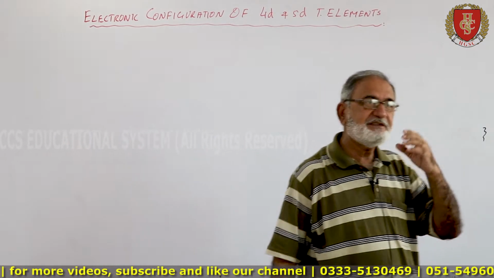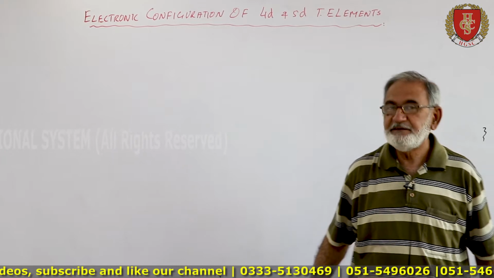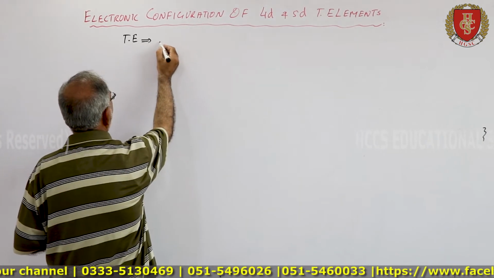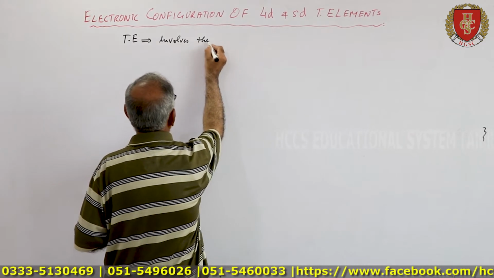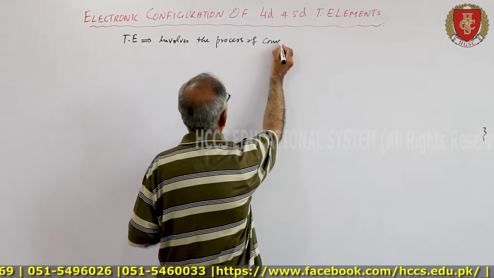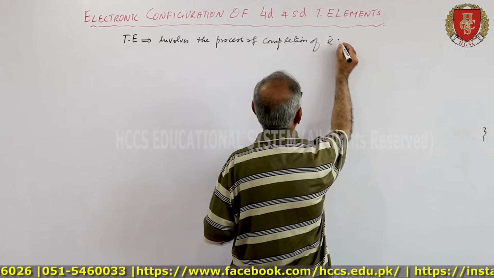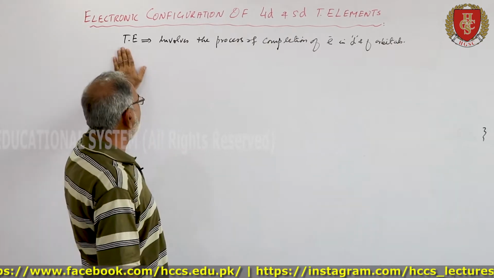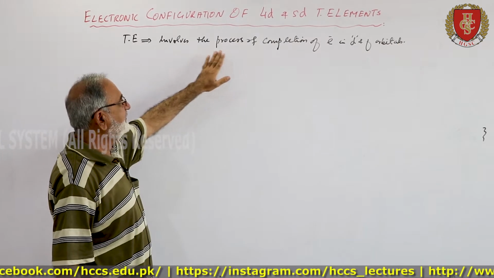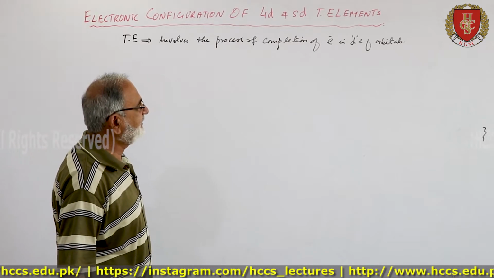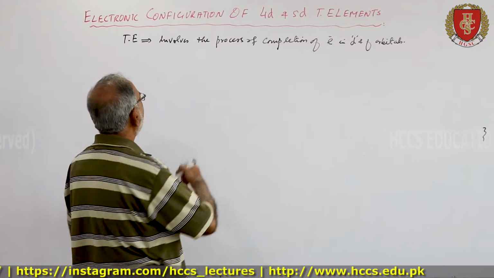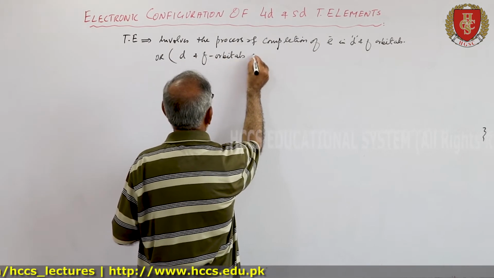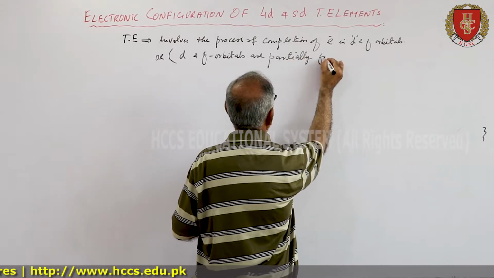Now, as we have discussed, the different transition elements involve the process of completion of electrons in d and f orbitals, or d and f orbitals are partially filled.